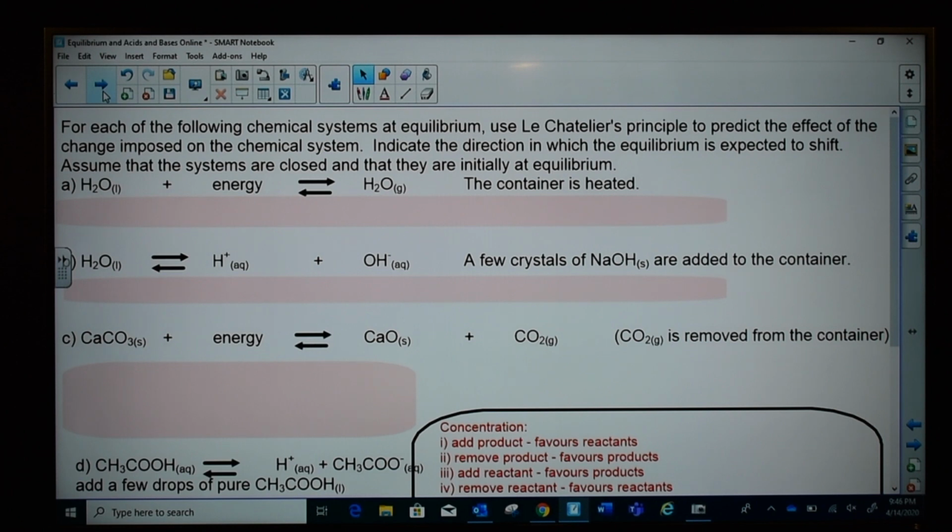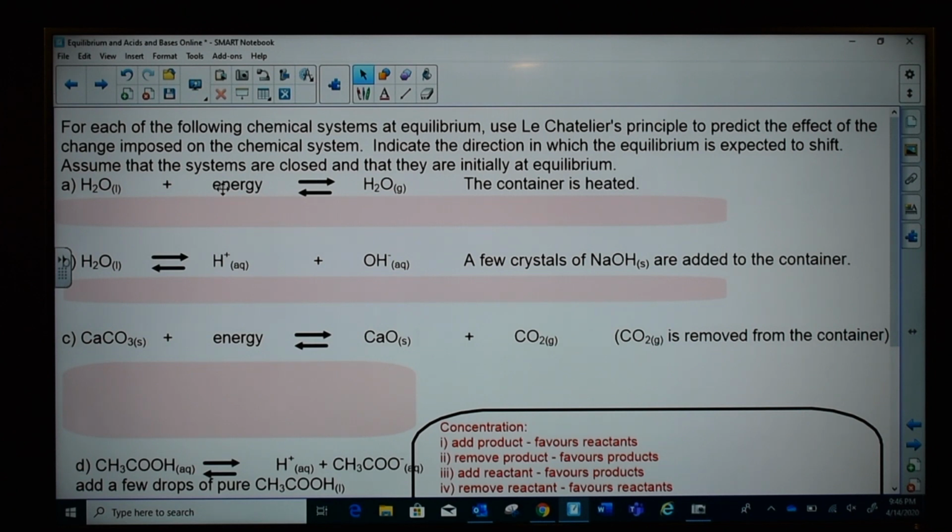If you're heating a container, what are you doing? You're adding heat energy to it. Where is the energy in this chemical reaction? It's on the left side, which you already know from Unit 1 means it's endothermic. So if I'm adding more energy, there's already energy on the left side, it's like I'm adding more reactant.